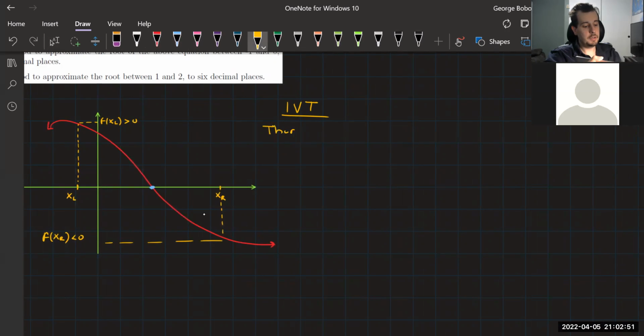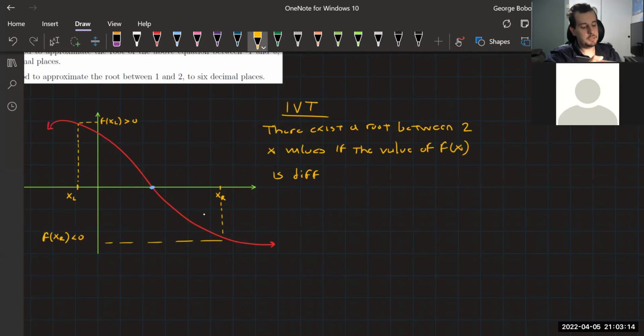Okay, there exists a root between two x values if the value of f of x is different signs when evaluated at those x's.